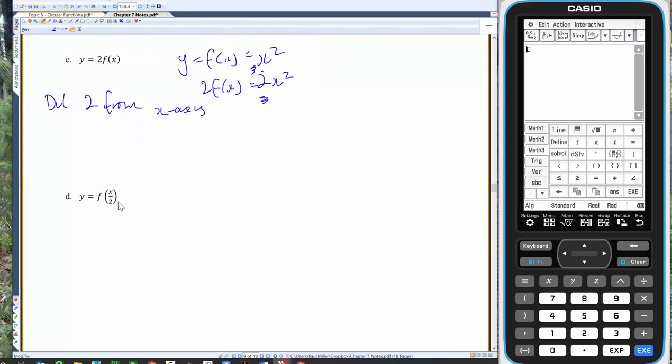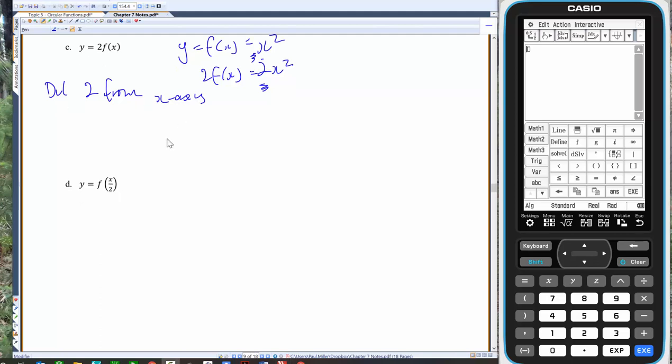For this one, we're actually going to throw some mapping at it. We're going to use a special technique to bring the mapping out. I know by recognition that this is a dilation factor 2 from the y-axis. How do I know that? Again, it's practice, but it's also this knowledge.